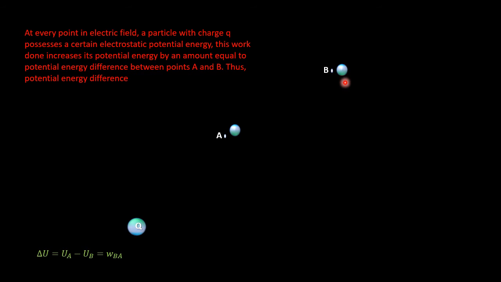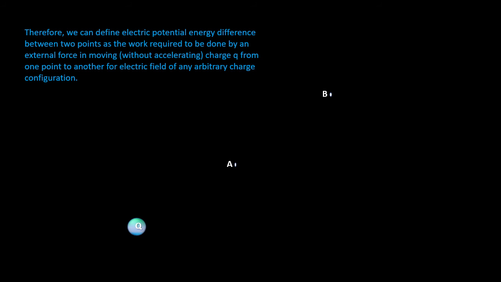The difference in potential energy between A and B is delta U, equal to potential energy at A minus potential energy at B. That is equal to the work done in bringing this charge from B to A. Or we can define electric potential energy difference between 2 points as the work required to be done by an external force in moving a charge q from one point to another in an electric field without any acceleration.